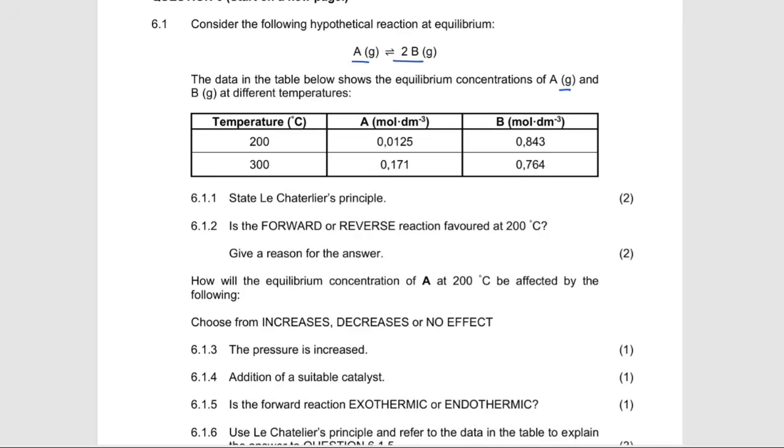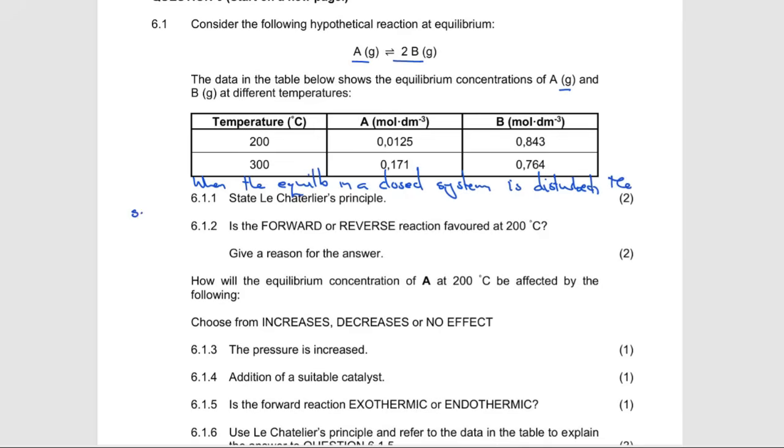Then the first question there says state Le Chatelier's principle. So I'm going to say when the equilibrium in a closed system is disturbed, what happens there?